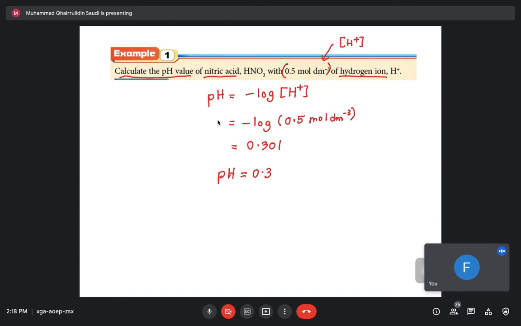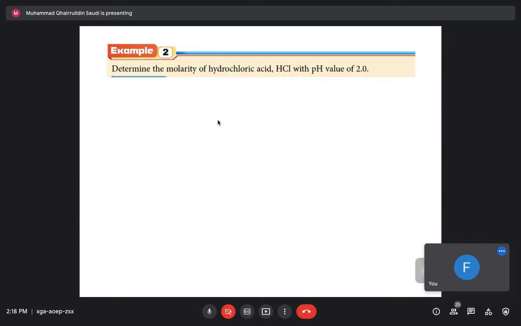Kenapa tak keluar? Okay. Next one is the question asks you to determine the molarity of hydrochloric acid that have pH value of 2.0. Okay, molarity. Have you learned about molarity before? No, molarity.